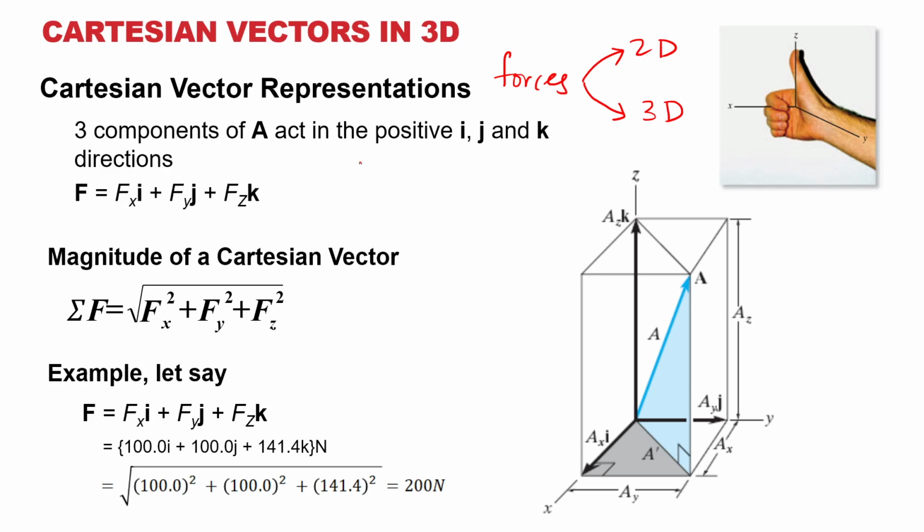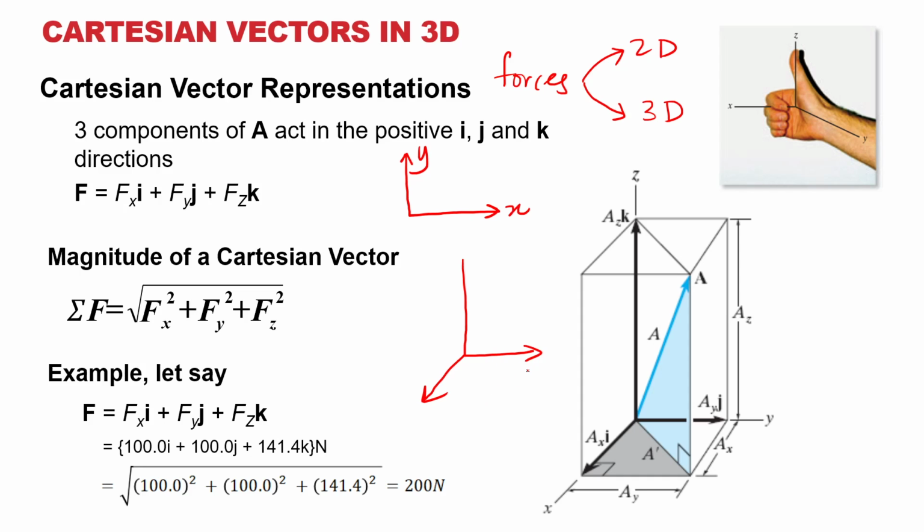When you have forces in 2D, you have two axes. You've got X and you've got Y. So when you move on to 3D, you add one more axis. However, when you want to draw, you have to draw something like this.